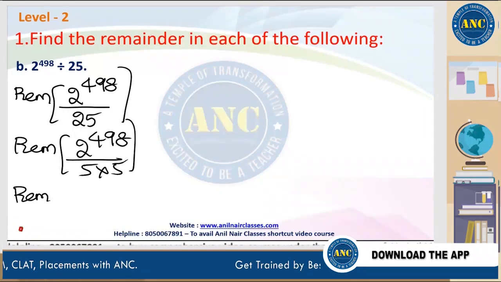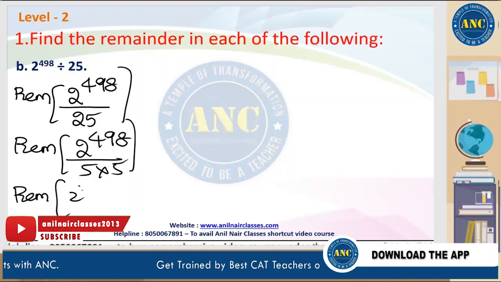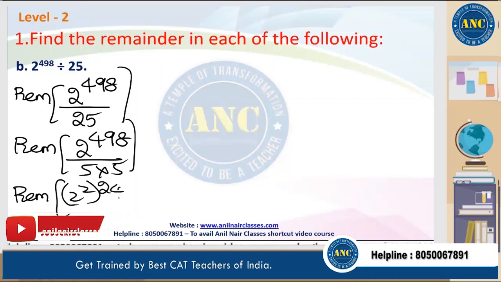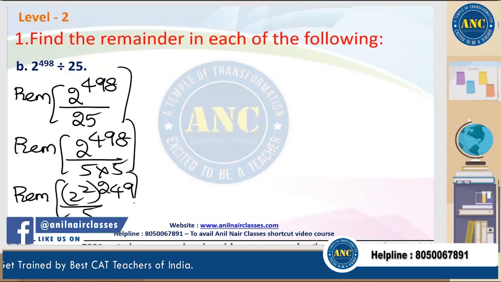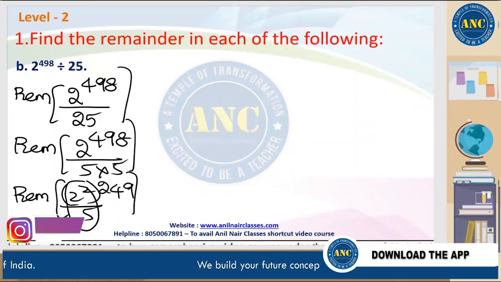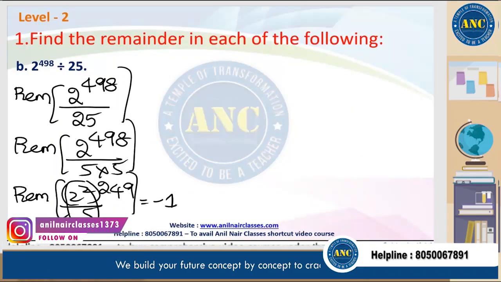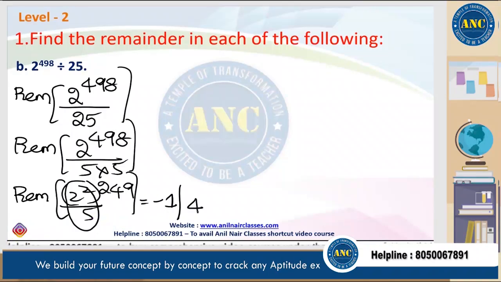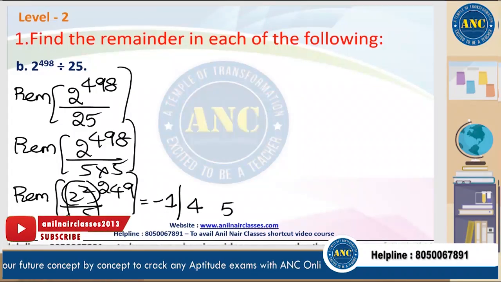Check with 5 first. Which power of 2 when divided by 5 will I get? 2 square power 249 divided by 5, that is 4 power 249 by 5. 5 ones are 5, minus 1 power odd is minus 1. Minus 1 means negative remainder, so minus 1 added with the denominator.